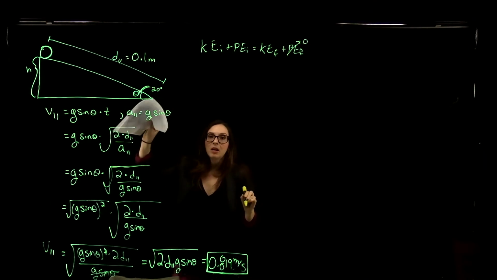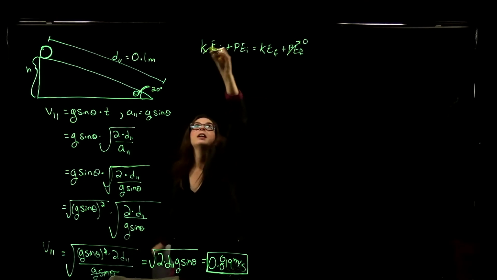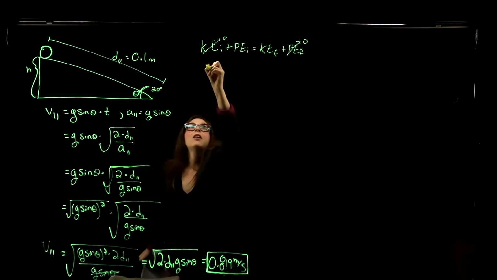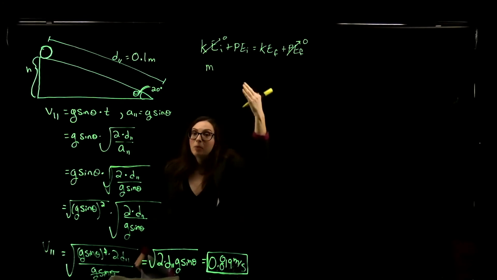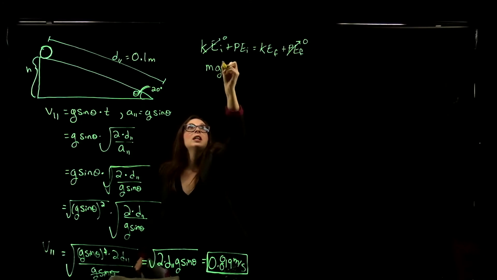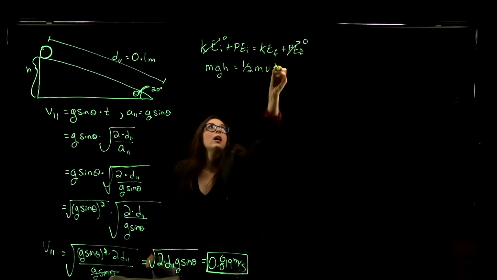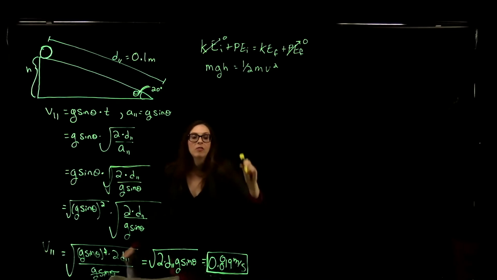Height is 0 here. When we're at the top of the ramp, starting from rest, our initial kinetic energy is 0. So then our gravitational potential energy is mass times gravity times height. So we have mgh equals 1/2 mv squared, because kinetic energy is 1/2 mv squared.